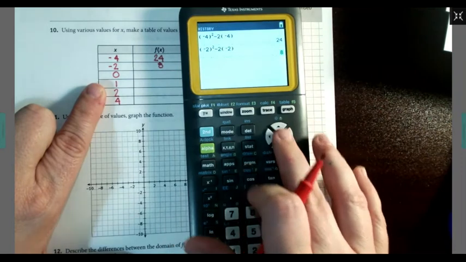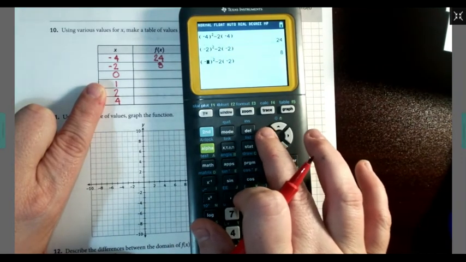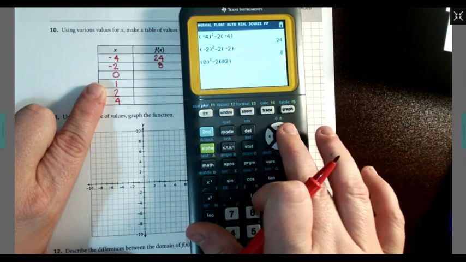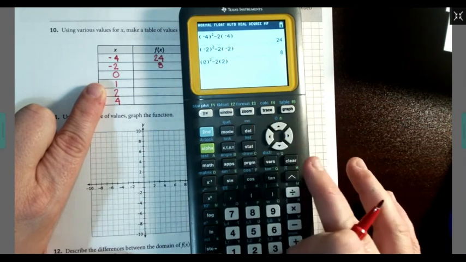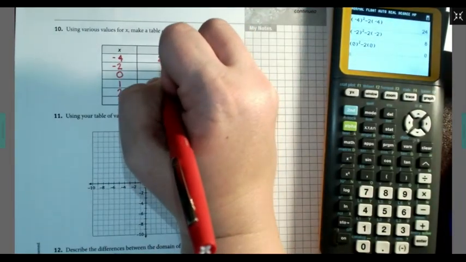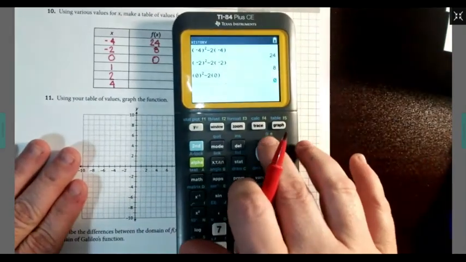Let's try 0. Delete that, make this a 0. Delete that, make this a 0. Okay, 0 at 0. Okay, let's try 1.